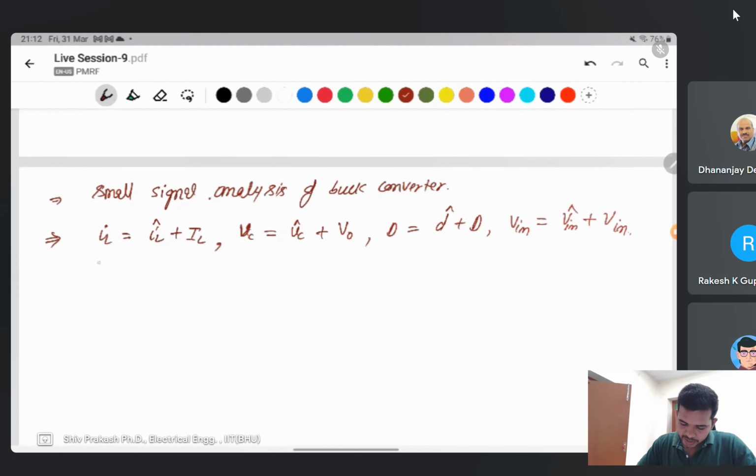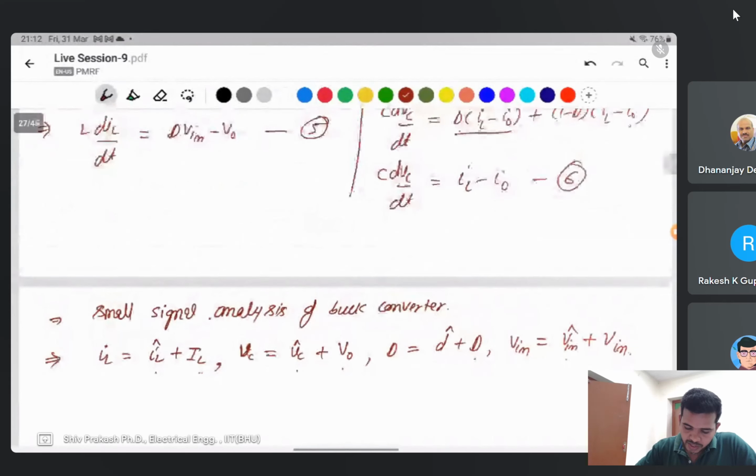You have inductor current variation plus the average inductor current, and variation in the capacitor voltage plus the average capacitor voltage. The average capacitor voltage is the same as the average output voltage because the capacitor is connected directly across the output. Duty ratio variation and constant average duty ratio; V in is the input voltage variation plus the constant input voltage.